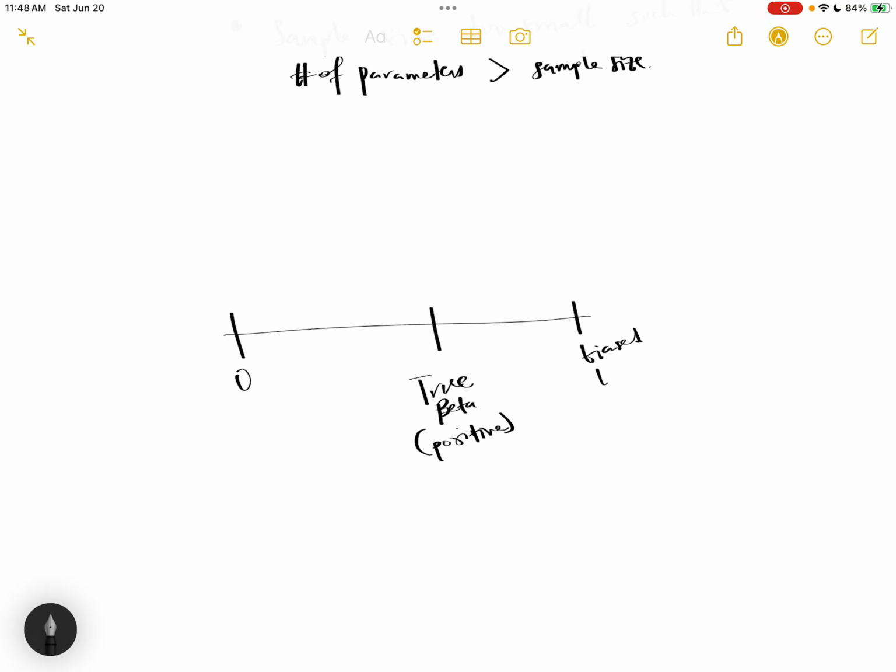If the biased beta is out here, and that's also positive, then we can say, well, the biased beta has overestimated the true beta, and so this is an upward bias. Otherwise, it's a downward bias. It's a downward bias if the biased beta underestimates the true beta.